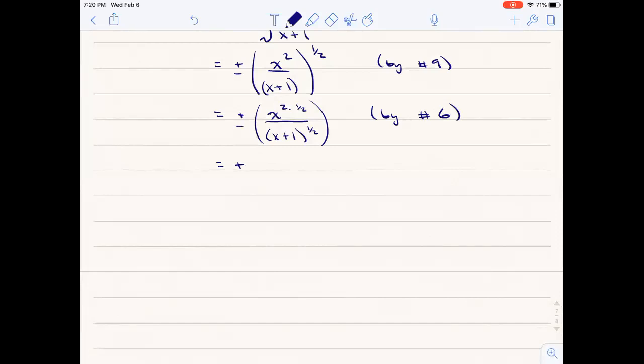So then we have plus minus x squared times, or x to the power of 2 times 1 over 2, is just x to the power of 1, which is just x. And then we can rewrite x plus 1 to the power of 1/2 as the square root of x plus 1 if we wanted to.